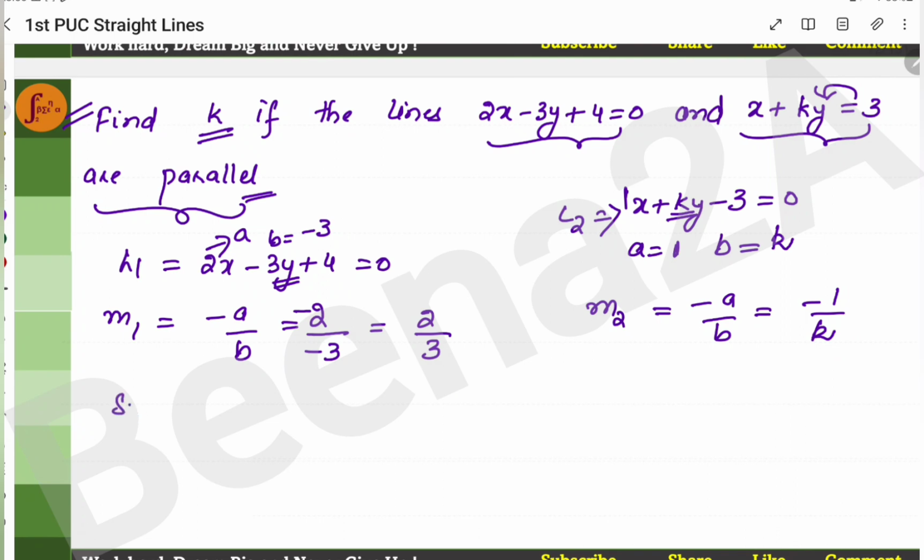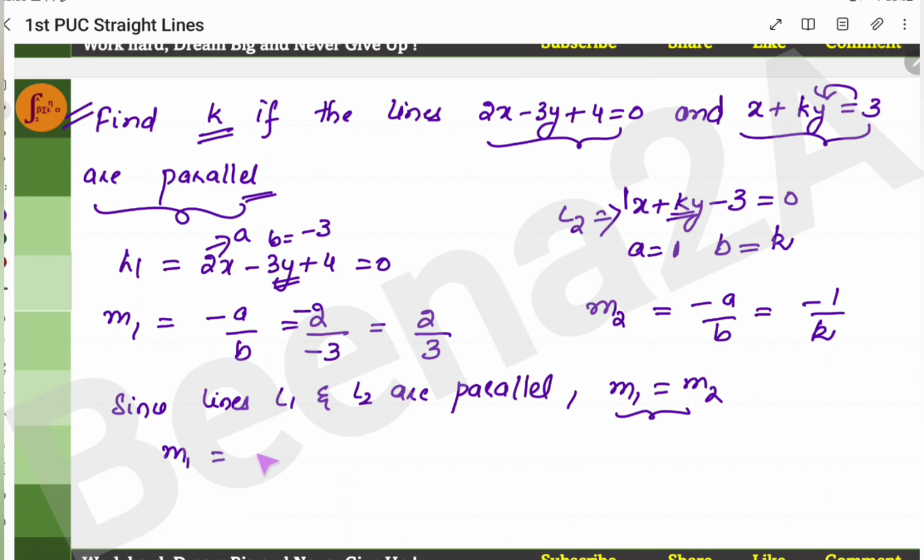Now since the lines L1 and L2 are parallel, M1 should be equal to M2. Slopes are equal. So we'll say M1 is equal to M2. M1 is 2 by 3. M2 is minus 1 by k.